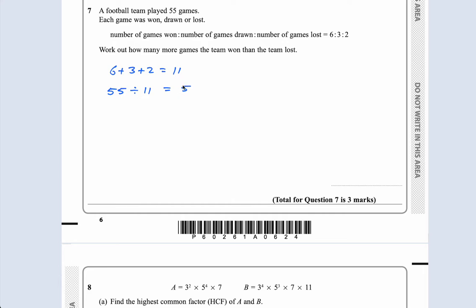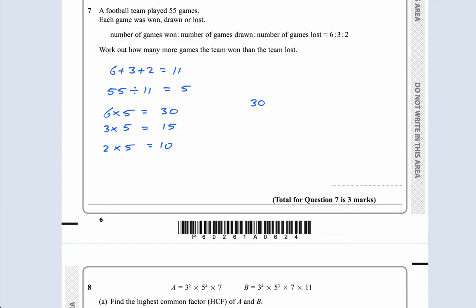So that means they won 6 times 5, which is 30. So they won 30 games. I'll do the draw, even though I don't need it. They drew 5 times 3 equals 15 games, and they lost 2 times 5, which is 10 games. Question says, how many more games did they win than lose? So they won 30, they lost 10.